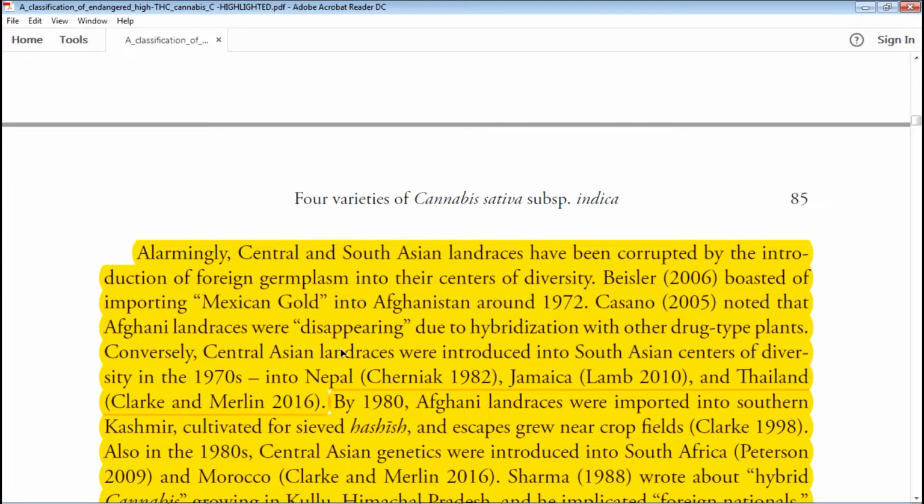Conversely, Central Asian land races were introduced into South Asian centers of diversity in the 1970s: into Nepal, Cherniak, 1982, Jamaica, Lamb, 2010, and Thailand, Clark and Merlin, 2016.